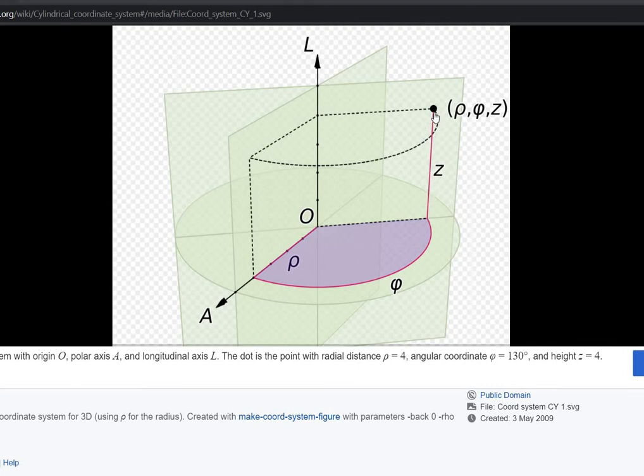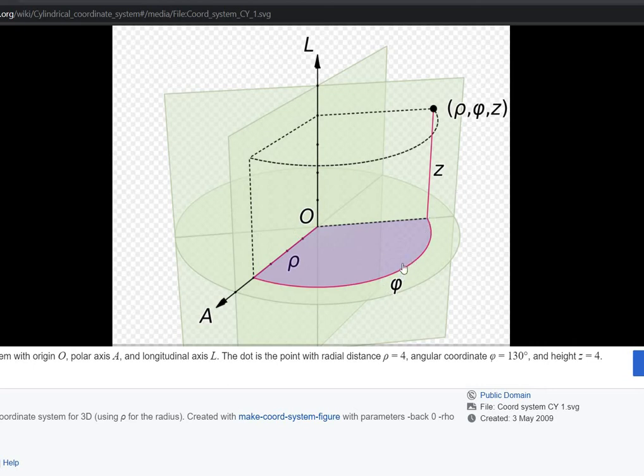Consider this point. When it falls through the perpendicular line, it will reach the xy plane.